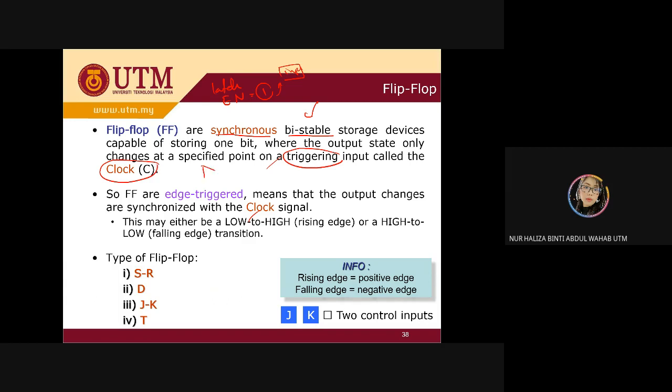Just now I showed you the two symbols, one with a bubble and one without a bubble. All of this refers to this information: rising edge or positive edge, and falling edge or negative edge. This one also I think I already gave a teaser last time. Let's take a look.